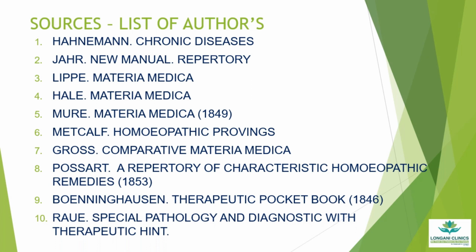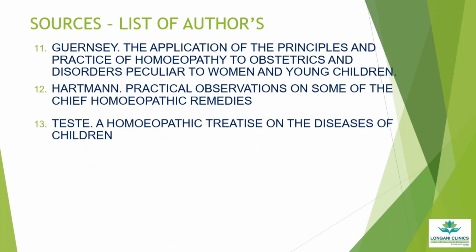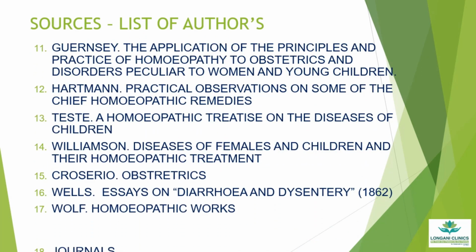Boenninghausen, Therapeutic Pocketbook, 1846. 10th. Rau, Special Pathology and Diagnostics with Therapeutic Hints. 11th. Guernsey, The Application of the Principles and Practice of Homeopathy to Obstetrics and Disorders peculiar to Women and Young Children. Hartmann, Practical Observations on some of the Chief Homeopathic Remedies.